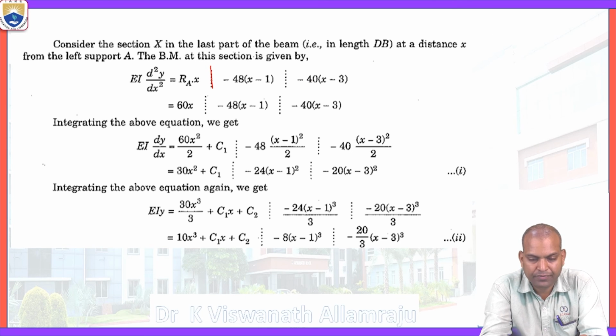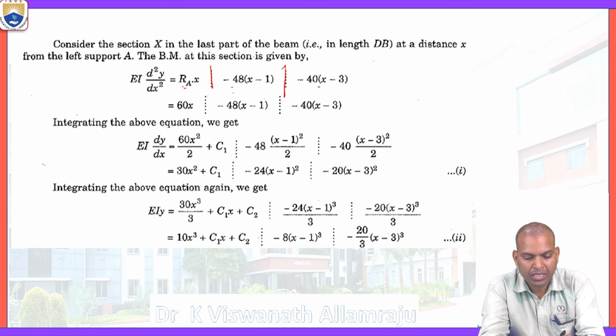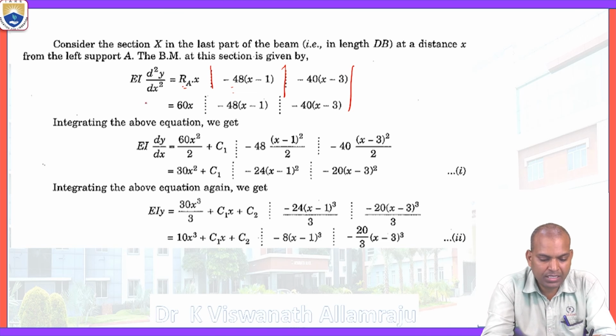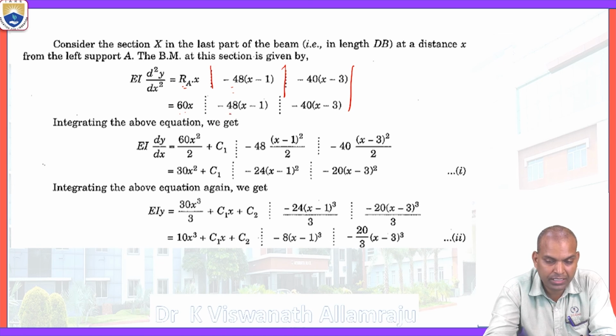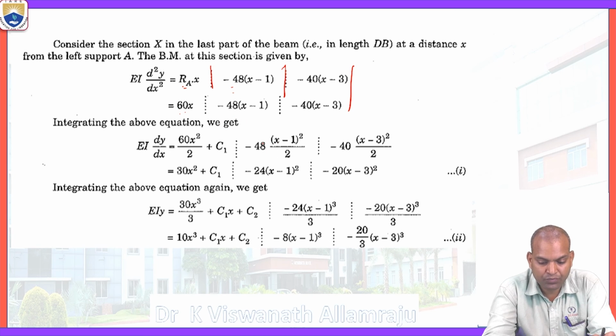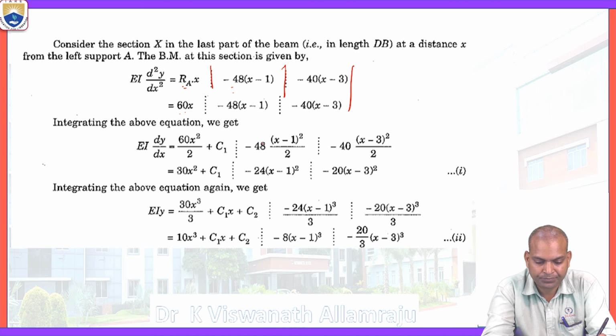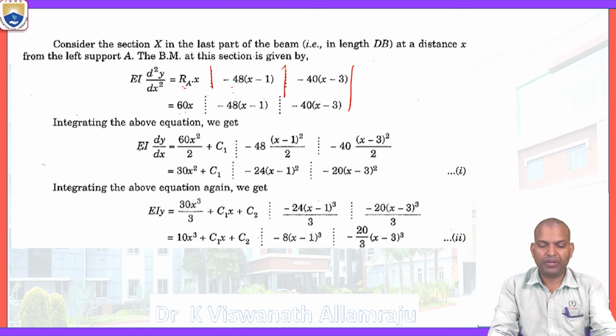This RA x is for part 1, and 48 times (x minus 1) is for part 2, totaling through the span of the beam. Now if we integrate, RA is the calculated value 60, so 60 times x minus 48 times (x minus 1) minus 40 times (x minus 3). We'll continue like that, then you can simplify it.